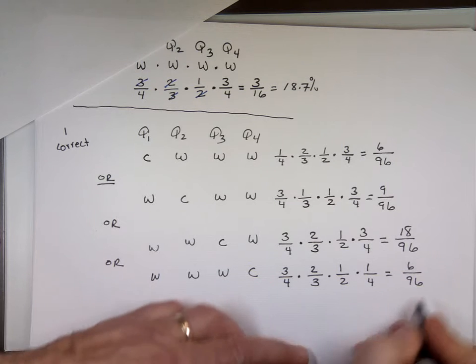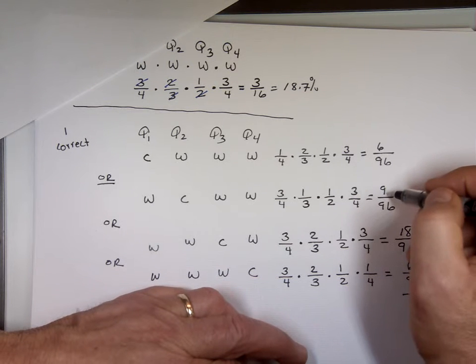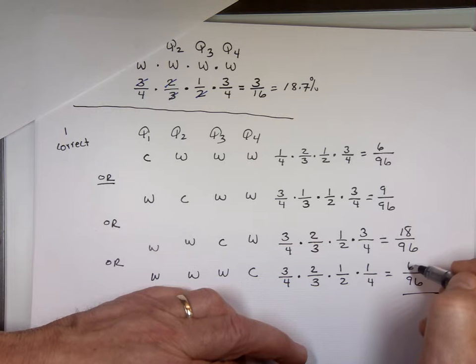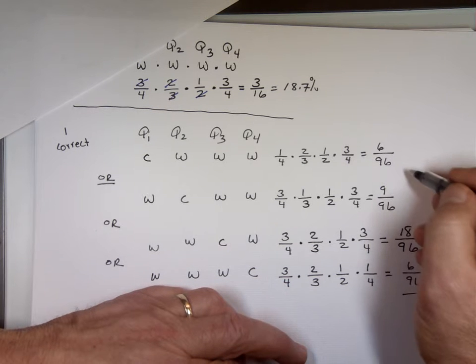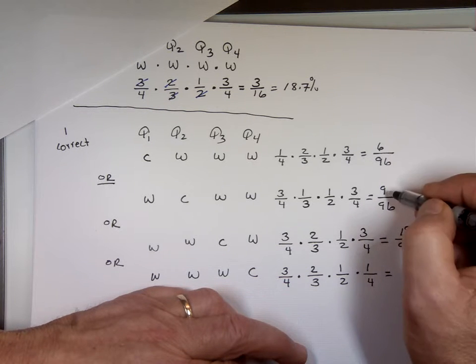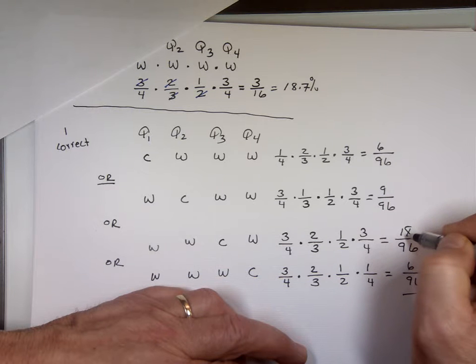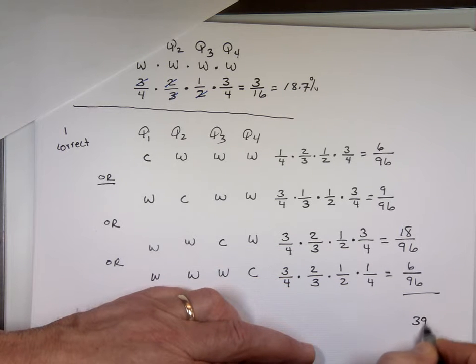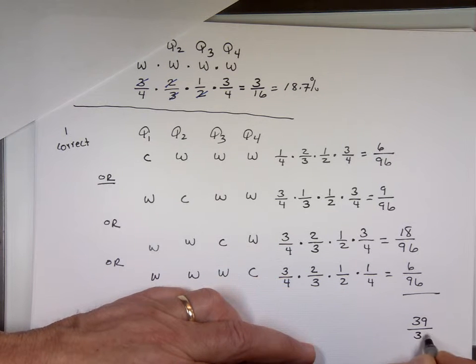When you add them, 6 and 9, 15. 15 plus 18 is 33, not 23. 33 plus 6 is what? 39 out of 96.